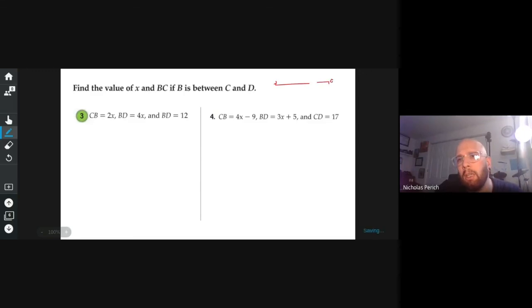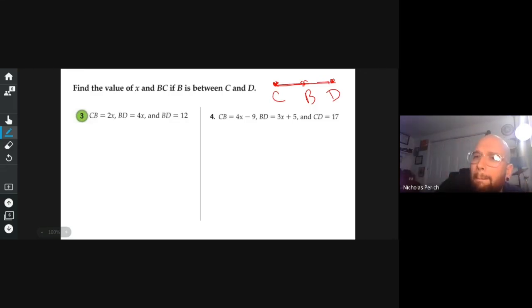Here's C, here's D. There's C, there's D, and B lives somewhere in the middle. I need to find the value of x and BC.